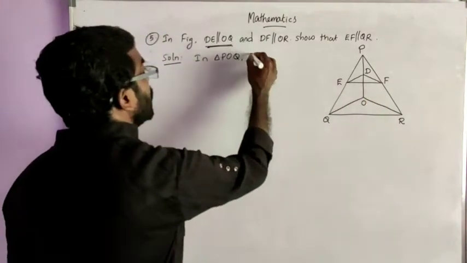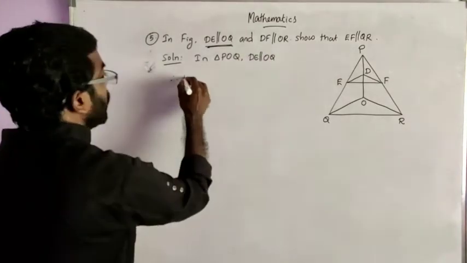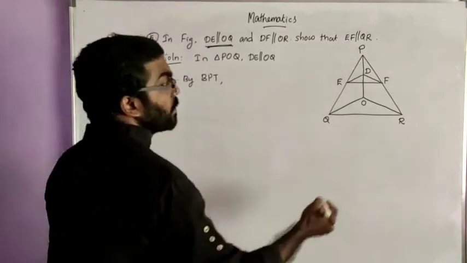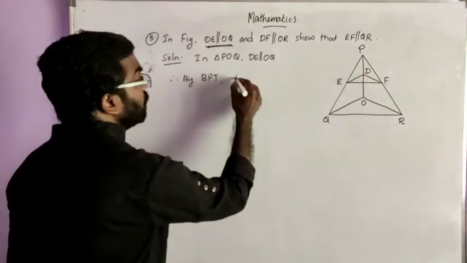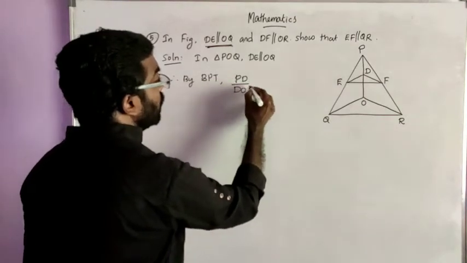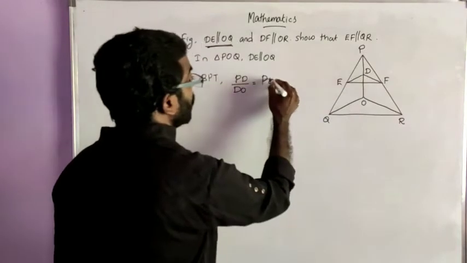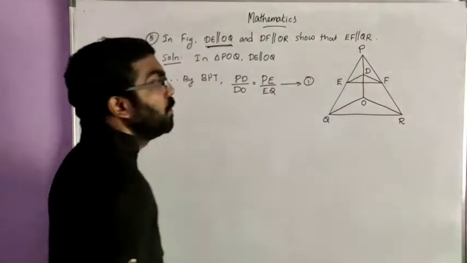It is given DE parallel to OQ. Therefore by BPT we can write PD by DO equal to PE by EQ. You can take it as equation number 1.